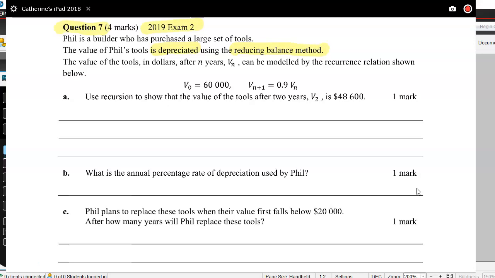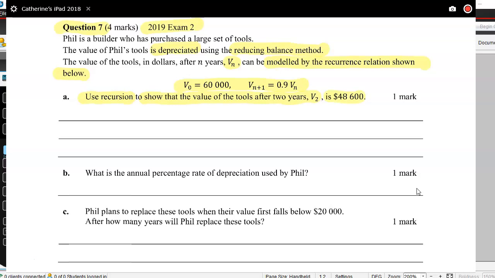The value of the tools in dollars after n years, Vn, can be modelled by the recurrence relation shown below. V0 equals 60,000, Vn+1 equals 0.9 Vn. So use recursion to show that the value of the tools after 2 years, V2, is $48,600.